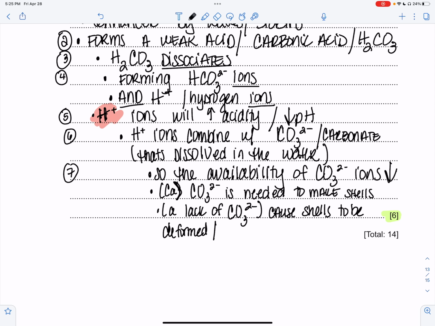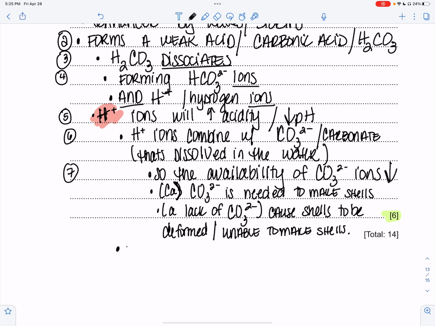So they could be either deformed shells or just unable to make shells. Now that's kind of in regards to the carbonate being taken out of the reservoir of dissolved nutrients in the water.